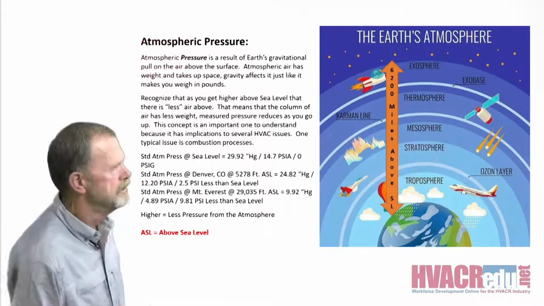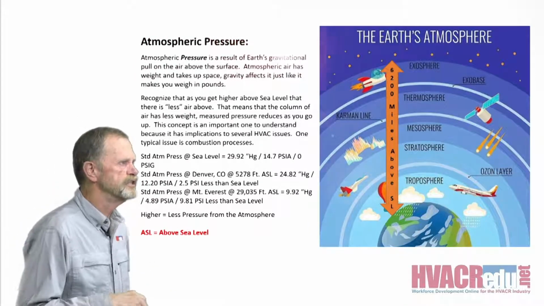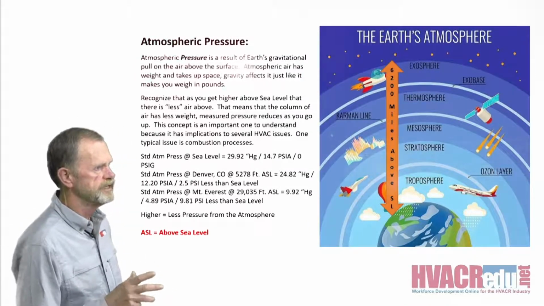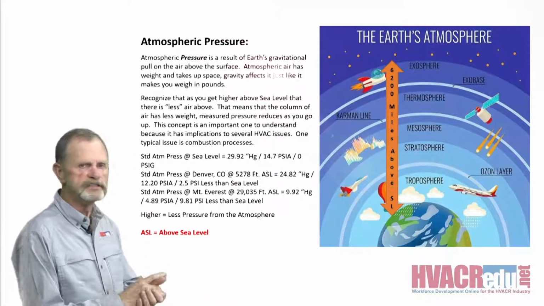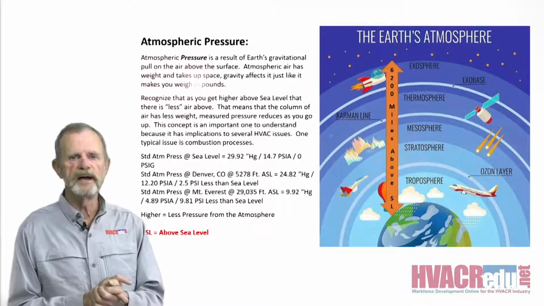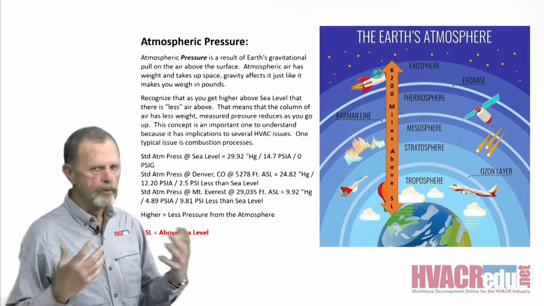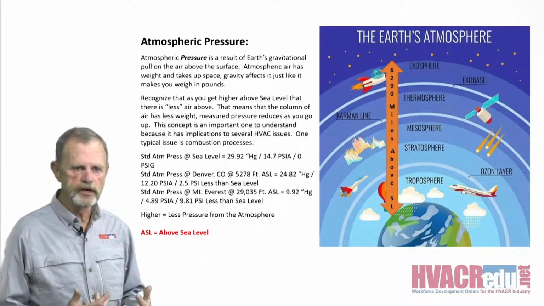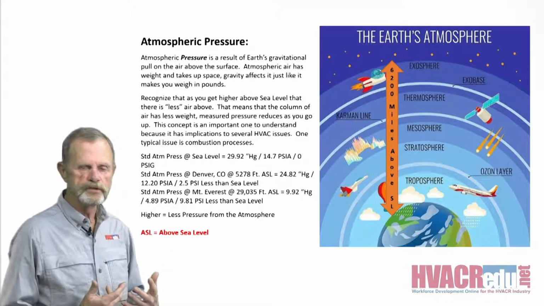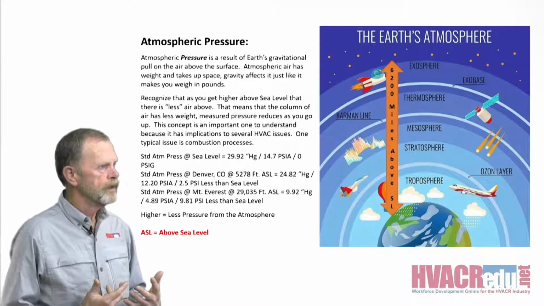Atmospheric pressure is a result of Earth's gravitational pull on the air above the surface. Atmospheric air has weight, takes up space, and gravity affects it just like it makes you weigh in pounds. Why do I weigh anything? It's because I have gravity, the force of gravity pulling me down to the surface. Okay?